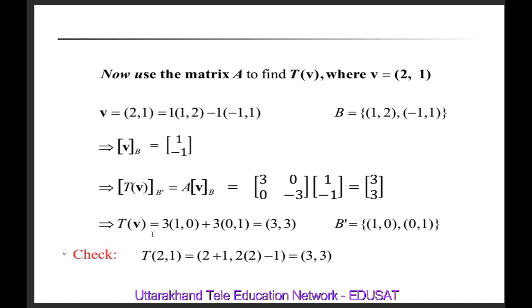So TV is equal to 3 into (1, 0), 3 into (0, 1), because B dash is (1, 0) and (0, 1). So it is (3, 3).